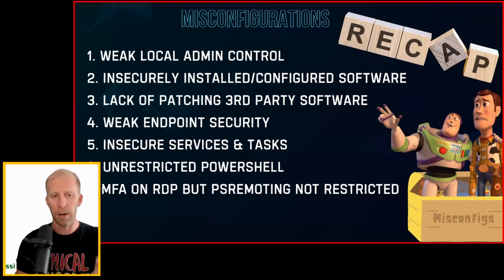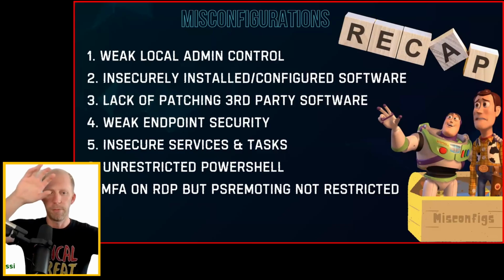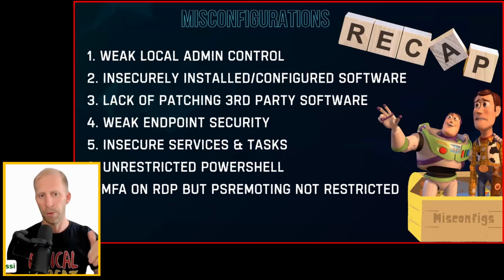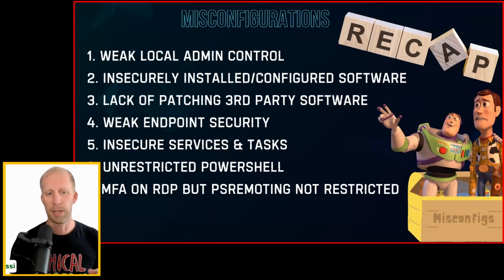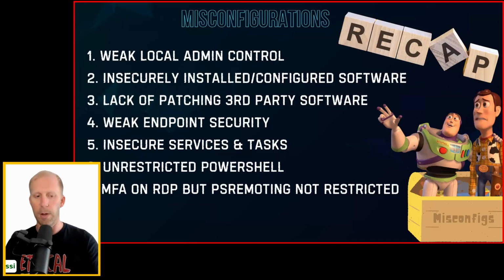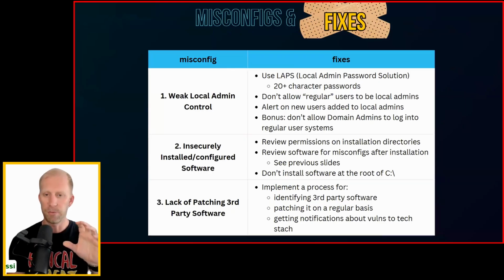So just wanted to provide a quick recap and a summary table of the misconfigurations and the fixes. So we've got weak local admin control, insecurely installed configured software, lack of patching, weak endpoint security, insecure services, unrestricted PowerShell, MFA on RDP but PS remoting not restricted. So I've got a table that I've just mapped.